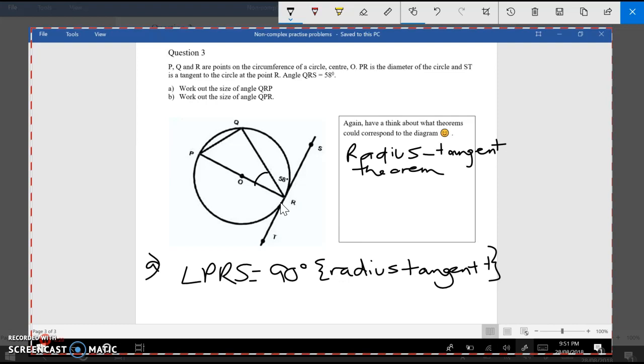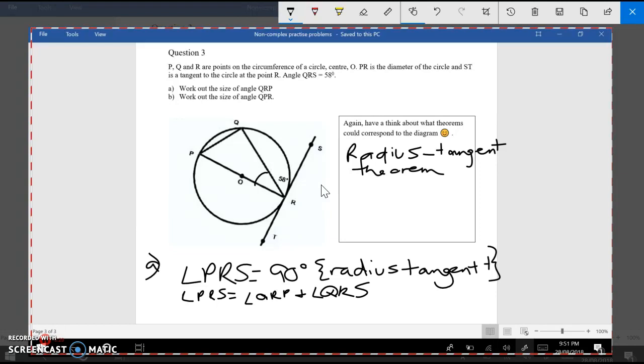Now I also know that angle PRS is going to equal, well, the sum of two angles, isn't it? It's going to equal the size of angle QRP plus the size of angle, what's the angle actually that we're given? QRS.